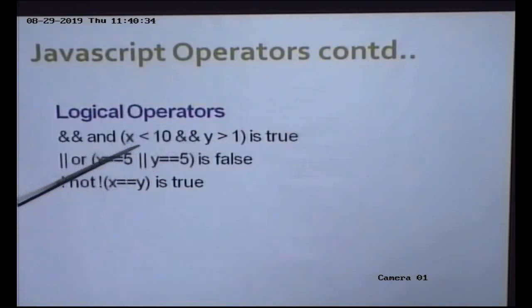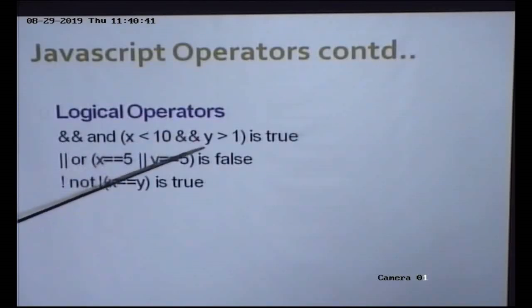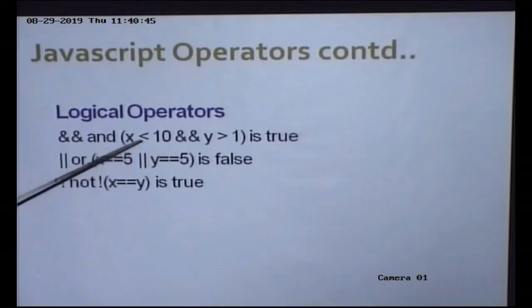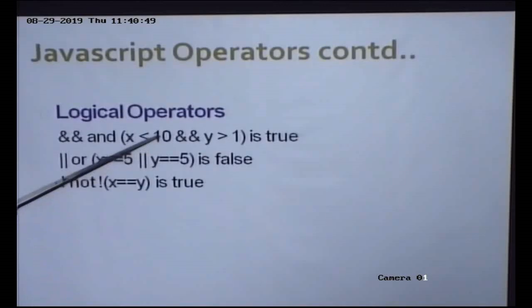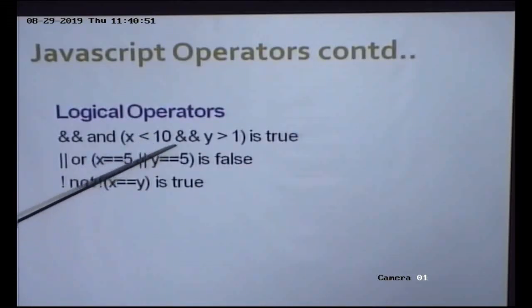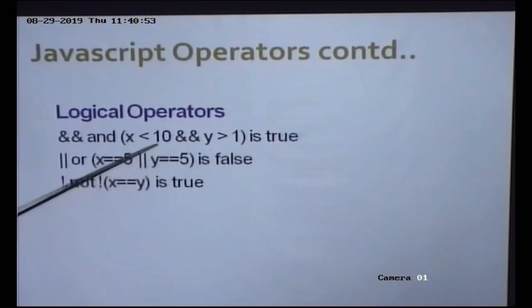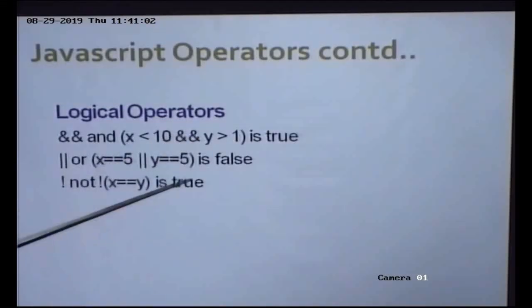So we are using multiple comparison operators, and the results are combined with the AND operation. What is an AND operation? If both the left and right side results are true, then it is true. If any one comparison fails and returns false, then automatically the AND operation becomes false.